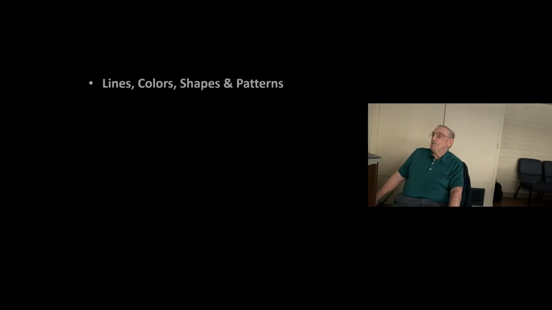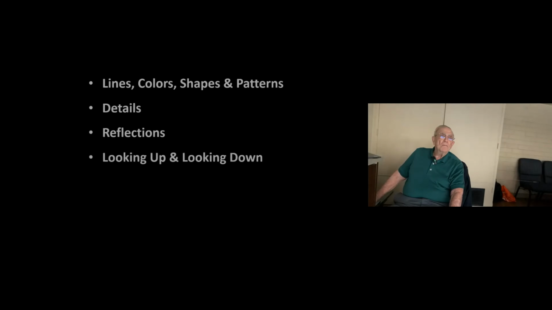First, we're going to look at lines, colors, shapes, patterns, and what that means to the concept of an abstract. We're going to talk about looking for details in what you see in front of you when you're ready to create an image. The place that reflections play in identifying abstracts, and remembering to look up and down.